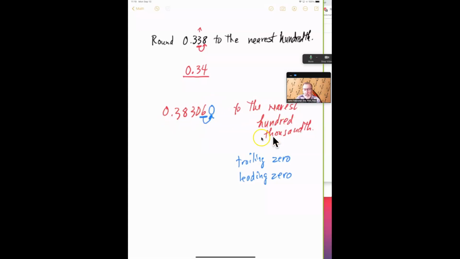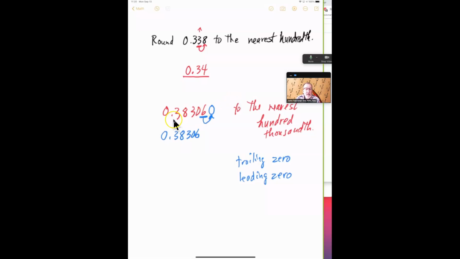And so to round to the nearest 100,000ths, we look at the 6 and we ask ourselves, is this number 5 or higher? And no, it is not. If the number is 0, 1, 2, 3, or 4, the underlying number will stay the same, and all the other numbers, the numbers on the right of that number, drop away. So this number is already rounded to the nearest 100,000ths.